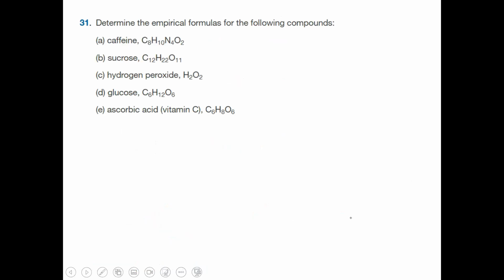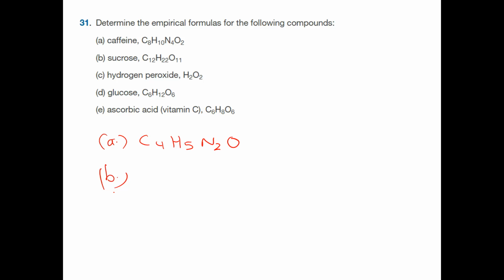So this question says, determine the empirical formulas for the following compounds. So we're just looking for a common factor here, the largest common factor, and then dividing through if we can. So it looks like in the first case, we could divide everything by 2 there, which would give us C4H5N2O as the empirical formula of caffeine.